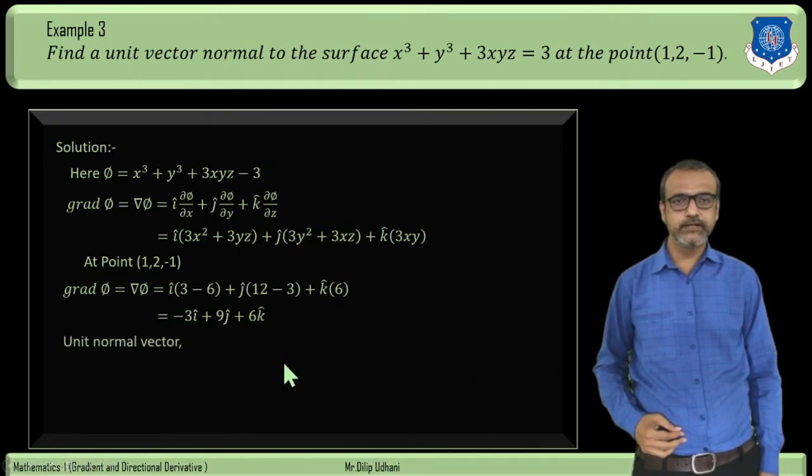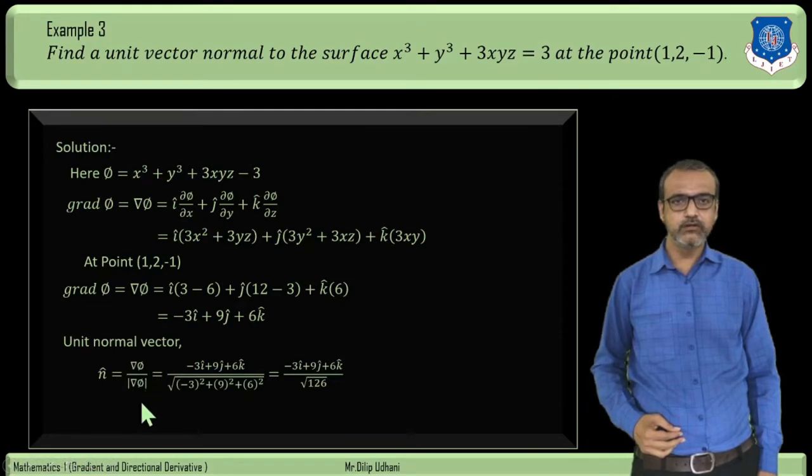Now unit normal vector is nabla phi over magnitude of nabla phi. This is how we define unit vector. So nabla phi will be as it is, -3i plus 9j plus 6k, and divided by the magnitude of nabla phi, that is square root of its x component square plus its y component square plus its z component square.